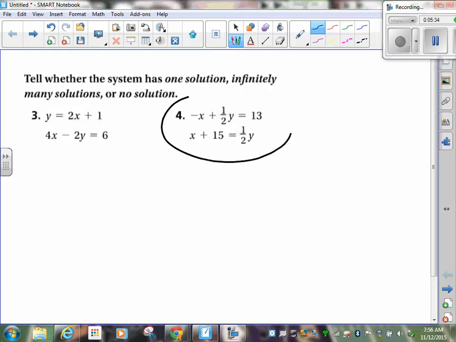Let's take a look at number 4. This one's slightly different. Okay? Can you see a letter without numbers next to it? Look at it. Like a magician thing. Look at it, and I know what you're thinking.